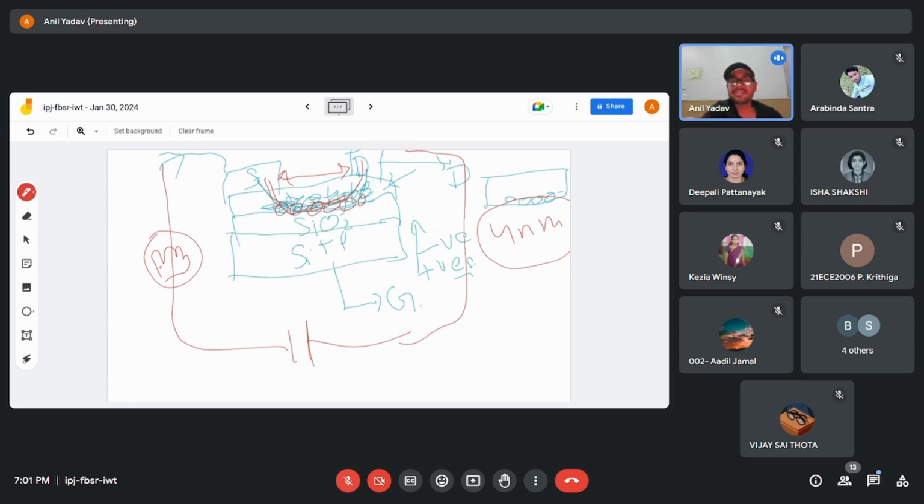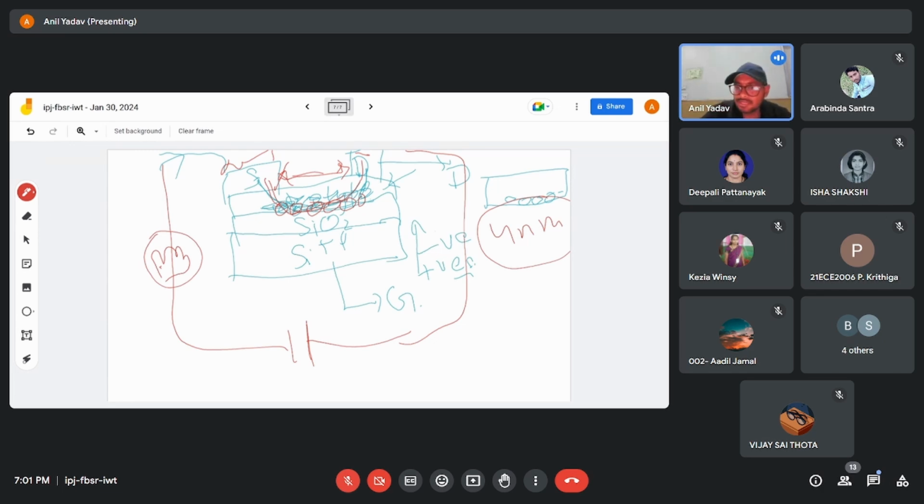The smallest feature size can be the source size, the drain size, or the distance between the source and drain, which is actually the channel length. That will come across in the subsequent lectures. I think the professor will teach about these FET devices.